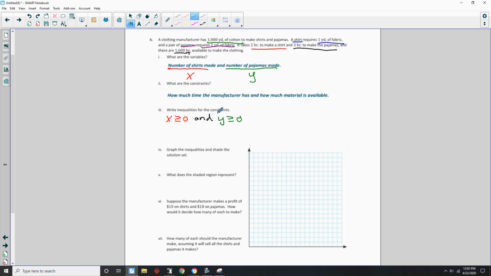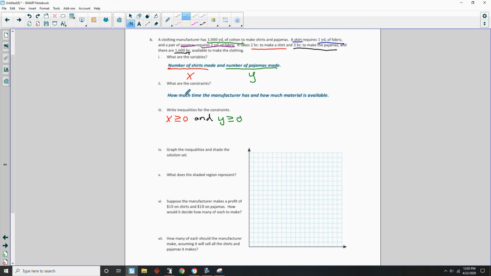Okay, so a shirt takes a yard and pajamas require 2 yards. If we're going to do an inequality with respect to the amount of yardage we have, and the total yards is 1,000, then let's keep the color code going. A yard of fabric for a shirt.